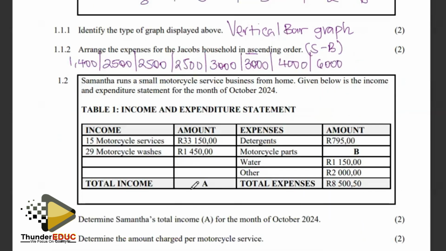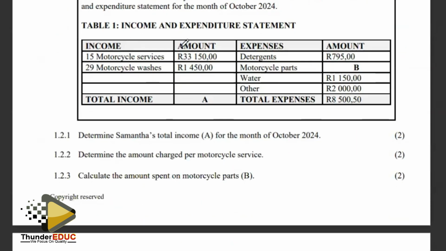1.2. Samantha runs a small motorcycle service business from home. Given below are the income and expenditure statements for the month of October 2024. So here we go. Income means the amount that came in, the earnings.